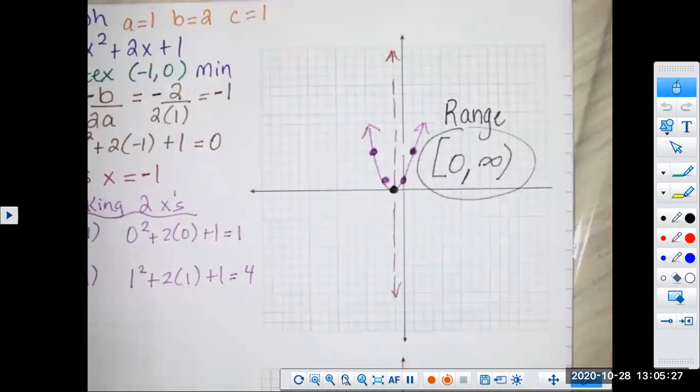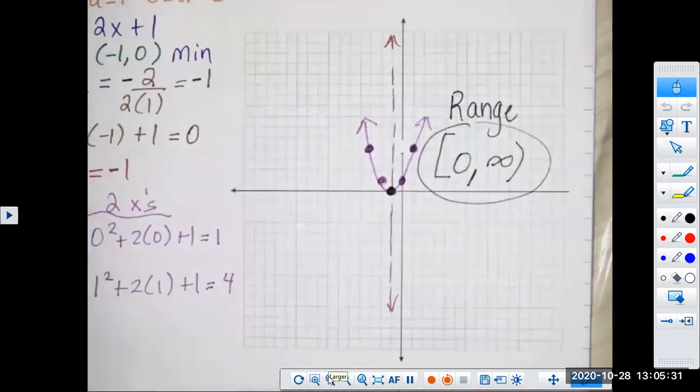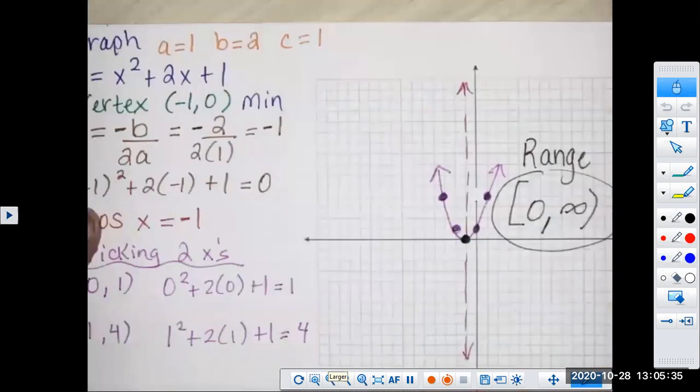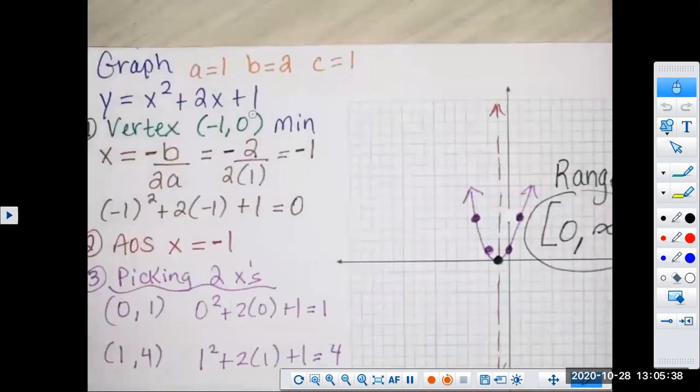Look, where did it cross the y-axis? It crossed the y-axis at positive 1. What number do you have at the end here? Positive 1. The number at the end, the constant by itself, is always your y-intercept every time. Why is that?